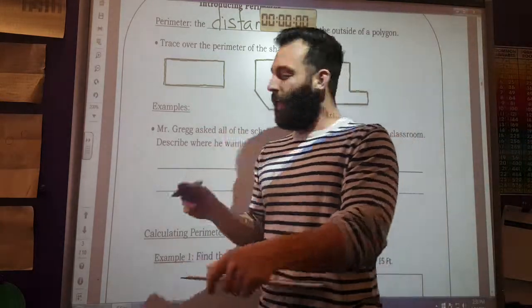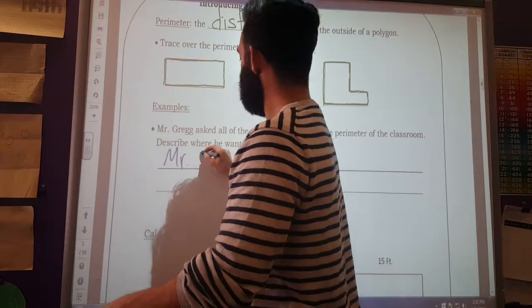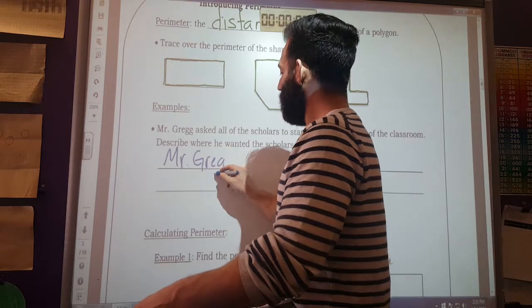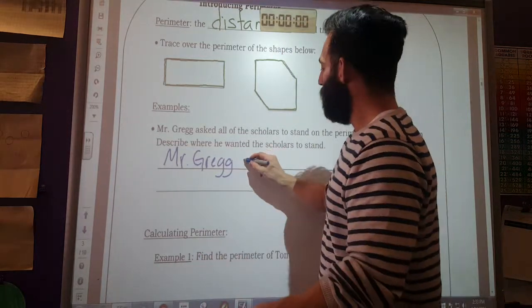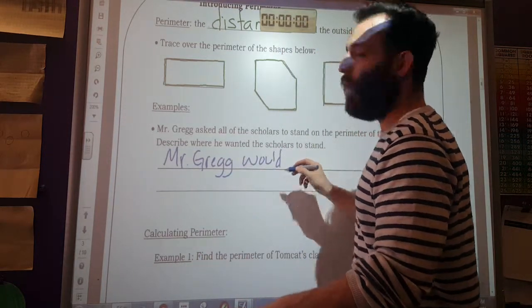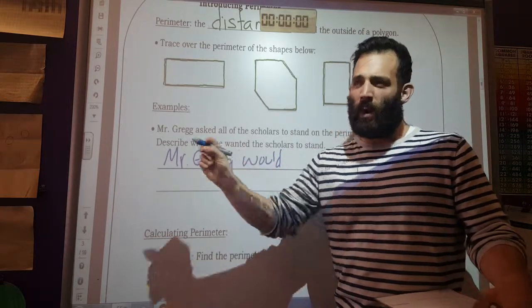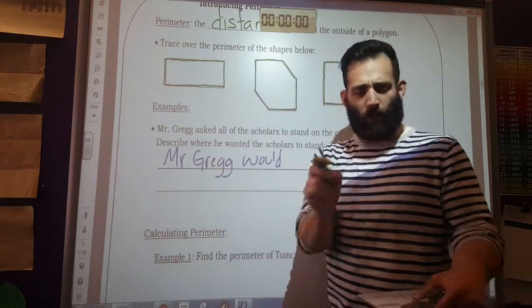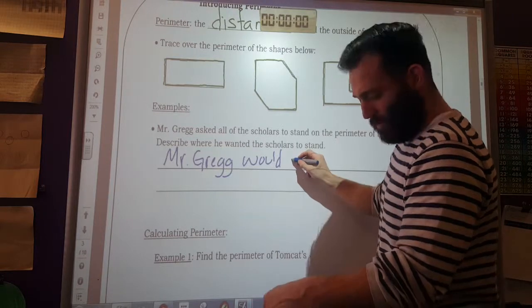So if you started thinking that Mr. Greg would want all of his scholars to stand along the walls of the classroom, you were right.